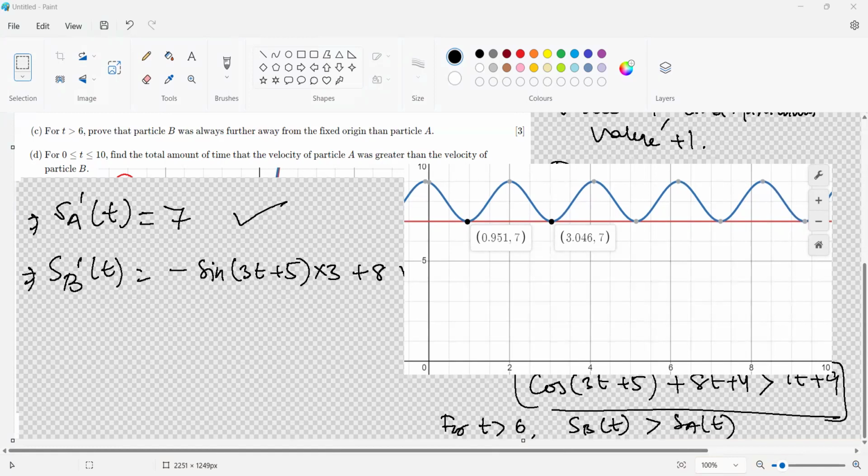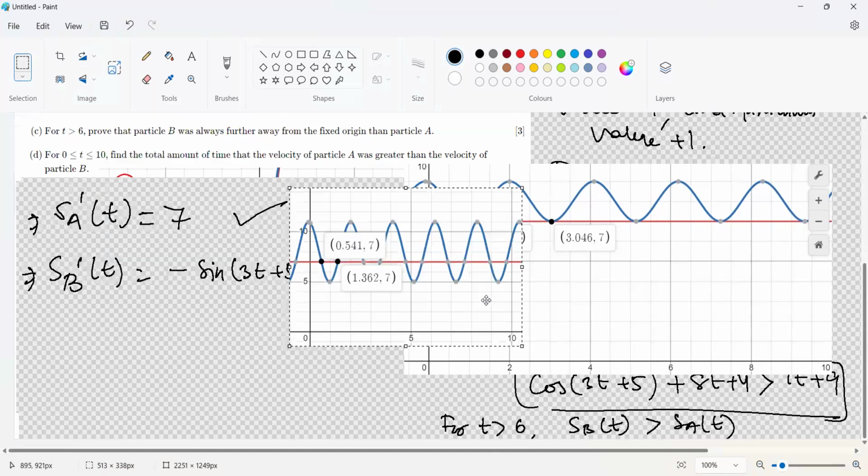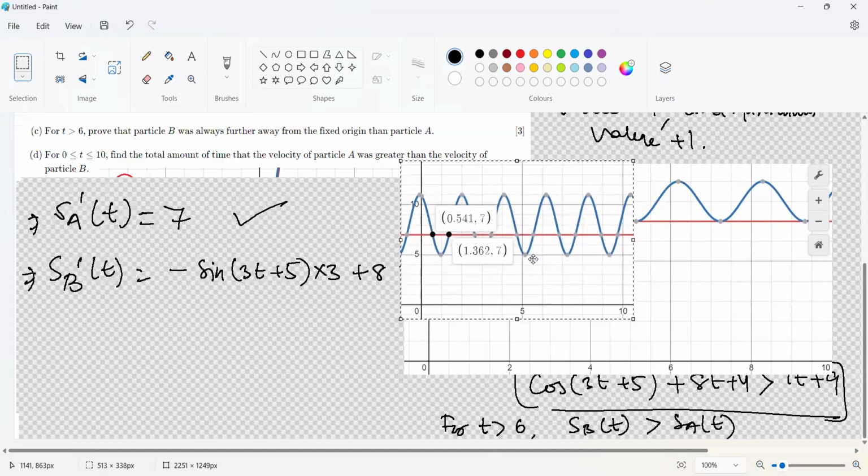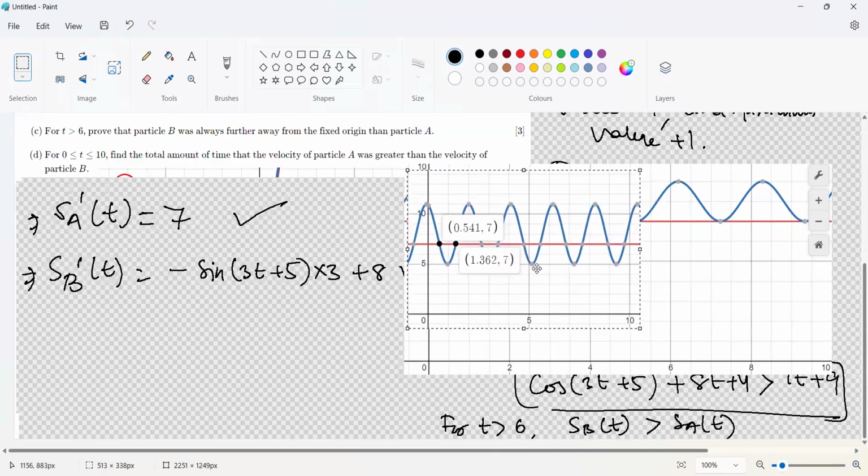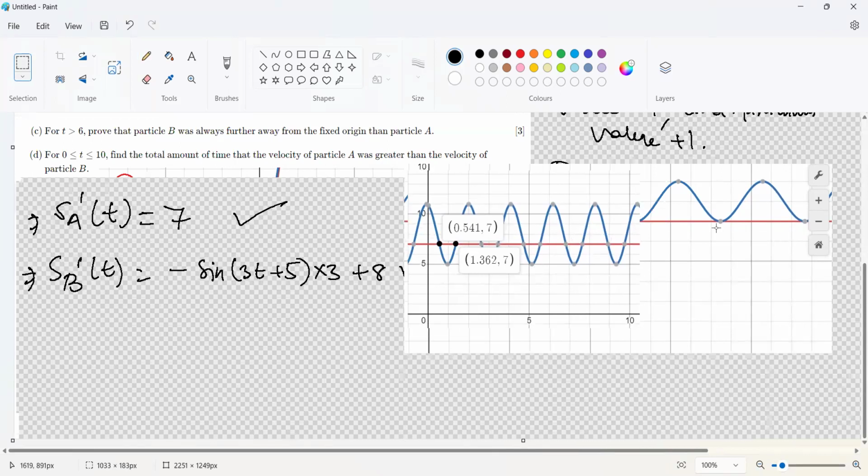This is the actual graph. I missed that 3. It is 3 times negative sine 3t. This is the actual graph.